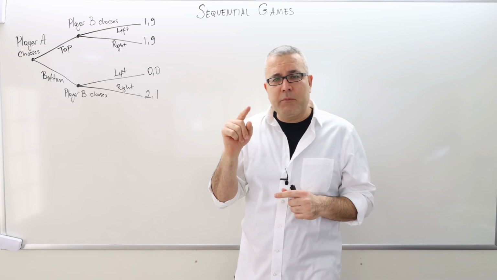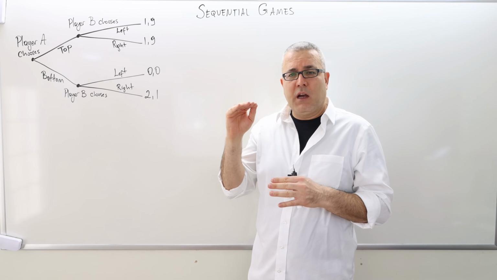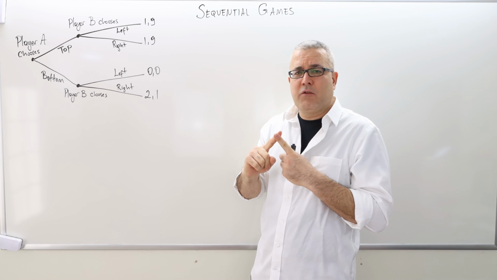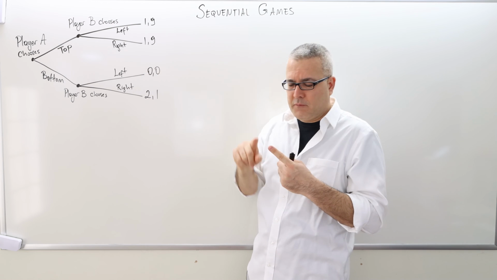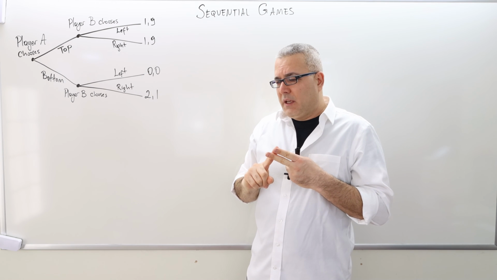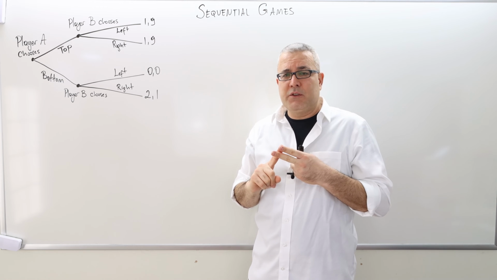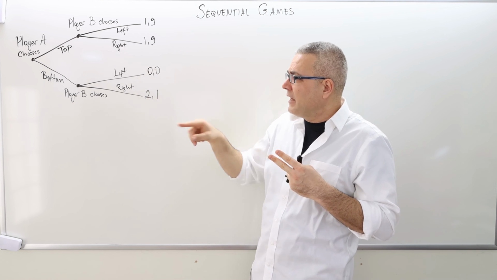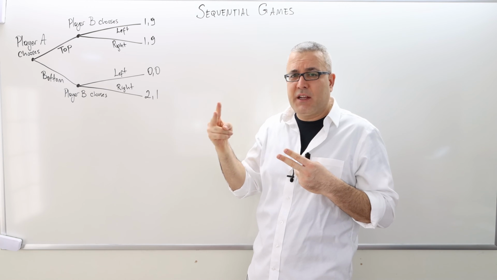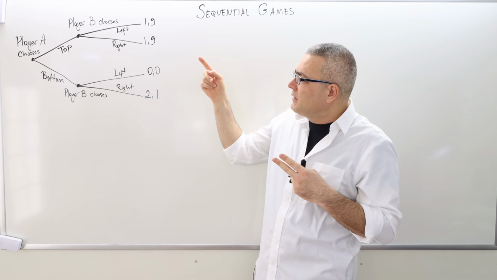So if you remember, every game must have 4 ingredients. One, the set of players. Here I have 2 players. I call them player A, player B. The second is the actions available to the players. Here, as you see, player A has 2 options, 2 strategies, choices, top, bottom.